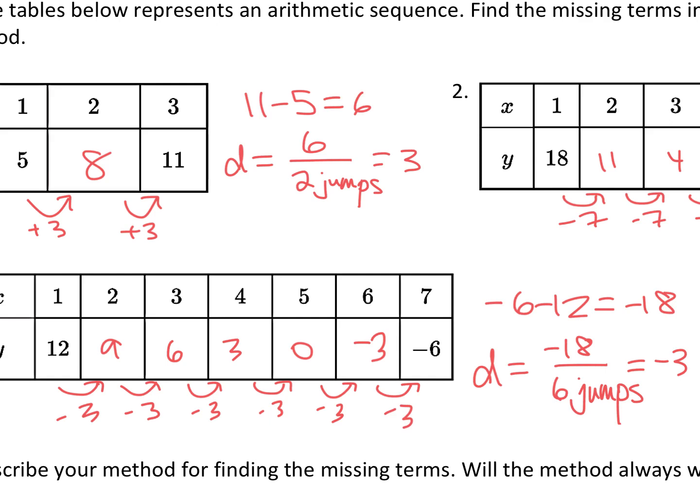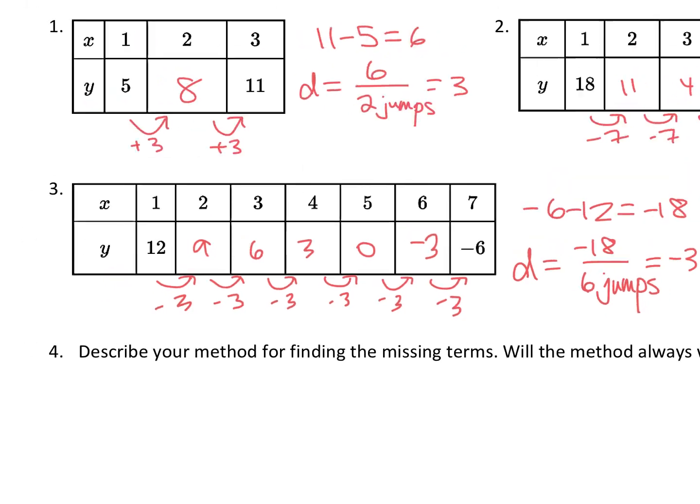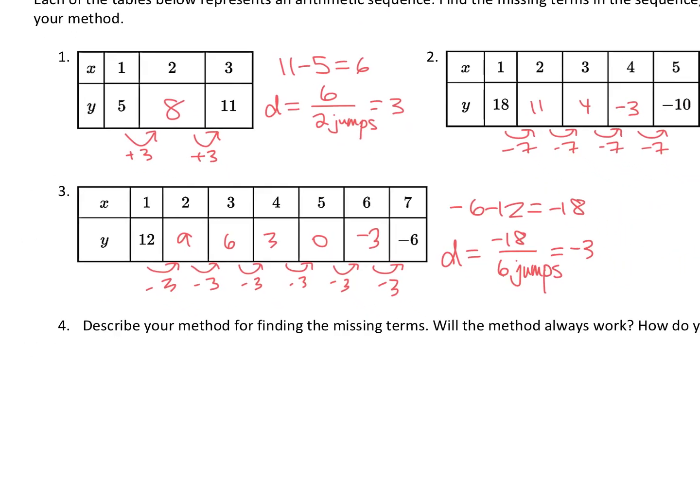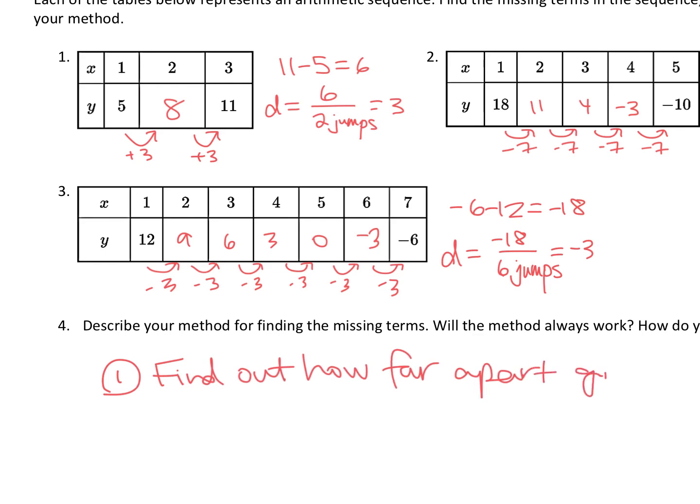Okay, so let's summarize our method that we used to find the missing terms. The first thing that we did was we figured out how far apart the terms were that we knew. Find out how far apart the given terms are.